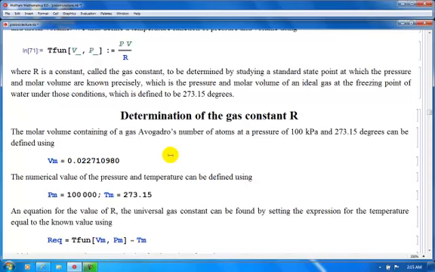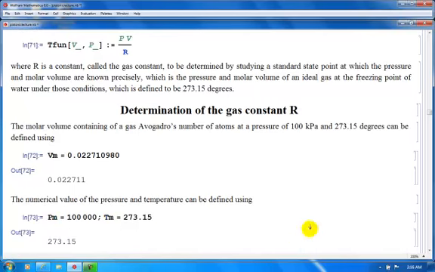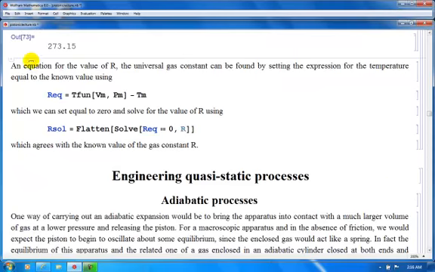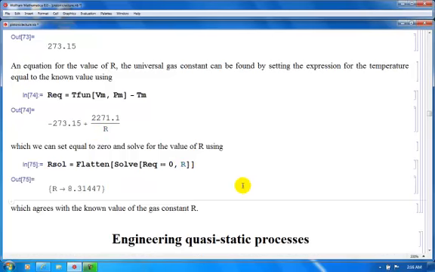So that molar volume is known, it's equal to that, and the pressure is defined to be 100,000 pascals, which is roughly atmospheric pressure, and we get an equation for the gas constant, which is that, and we can solve that for the gas constant R using this, and we get that value, which is the standard value.